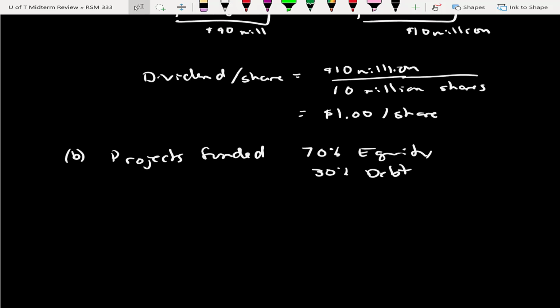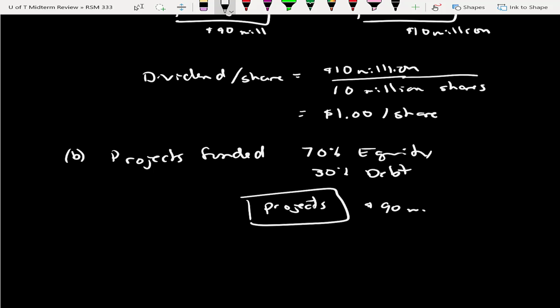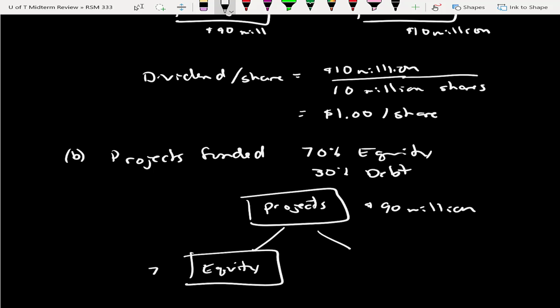So if we do the projects that are available, we have 90 million, which was given in the question. And how much are we going to fund by equity? It's going to be 70%. And how much will we fund by debt? 30%.